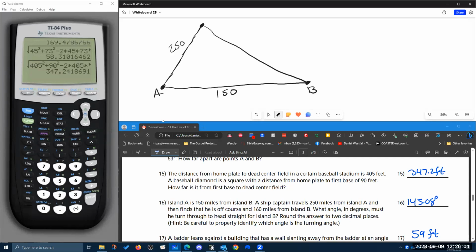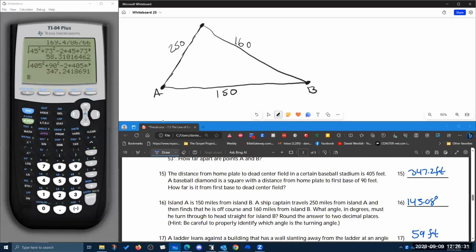They take some other measurement. They find island B over there, and they realize that they're now 160 miles away from island B, further away than they were when they were at point A over here. So now he needs to turn, and he needs to make a big turn, not a little turn.